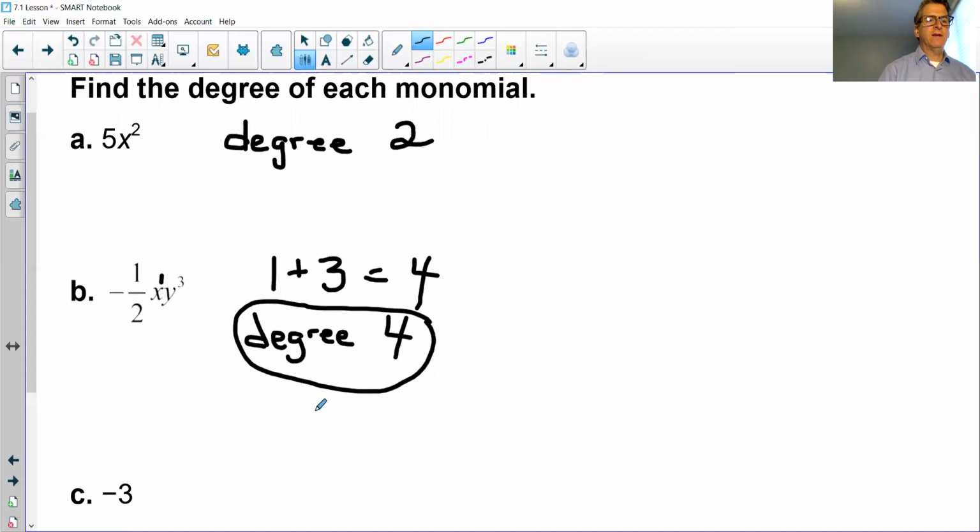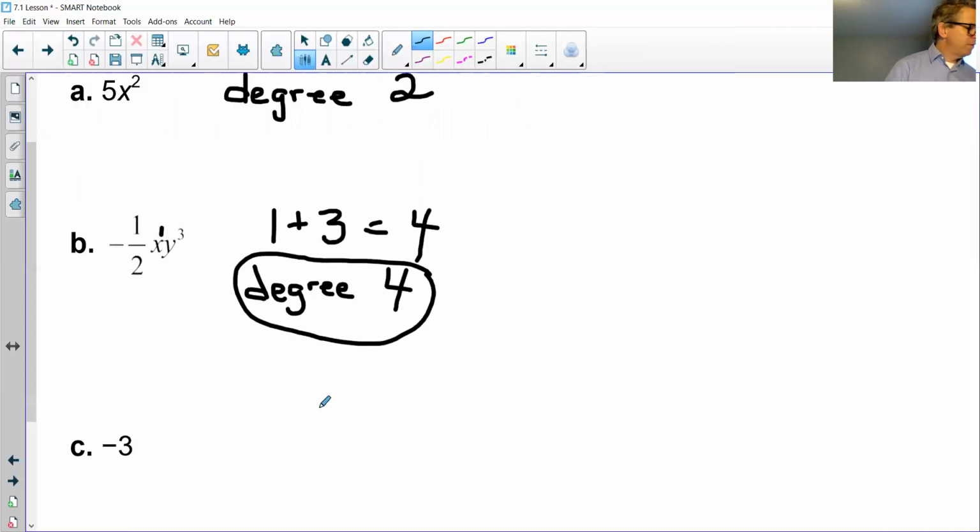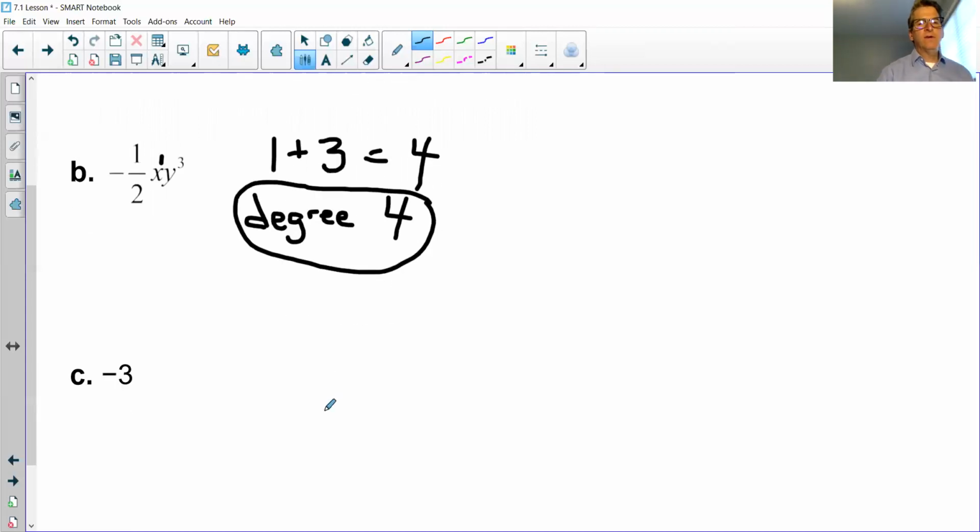Letter C, -3. There's no variable here, but you can rewrite this with a variable. Let's just call it x. -3 x to the 0. Okay, x to the 0 is 1.